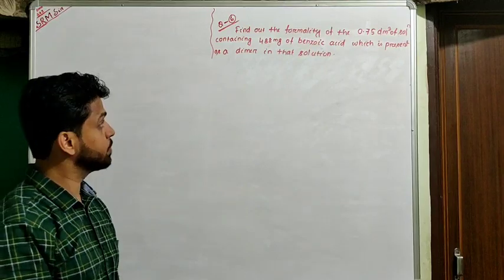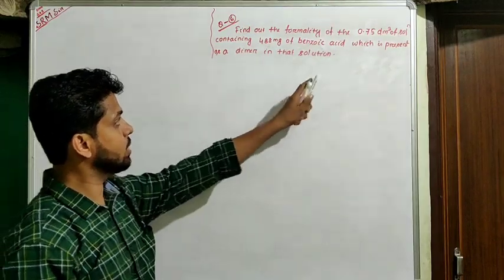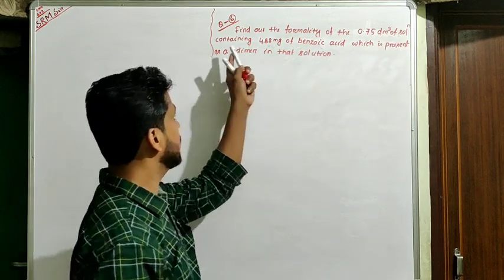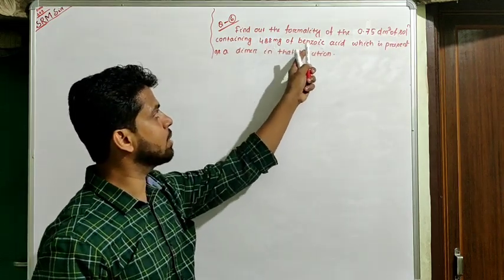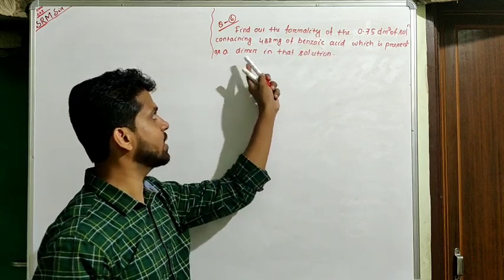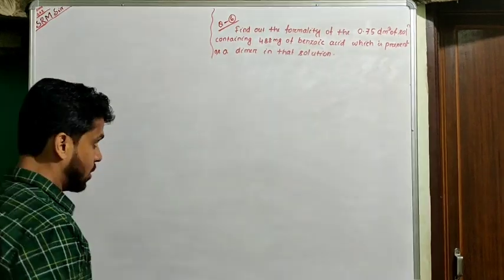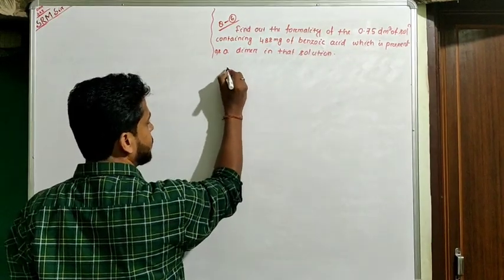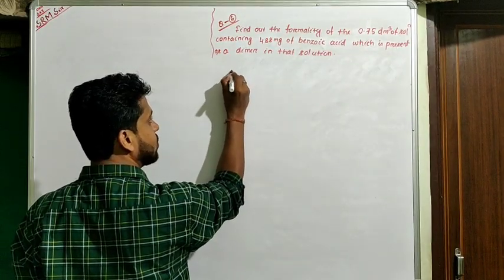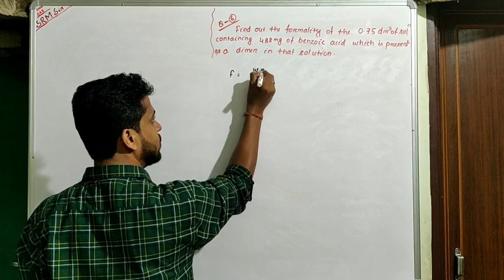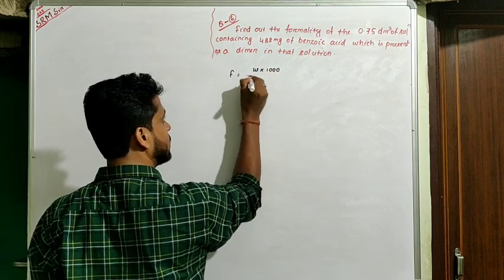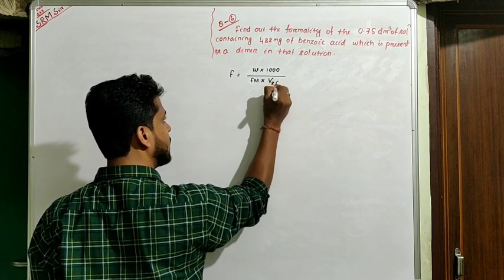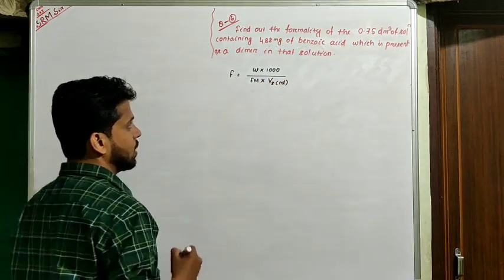Now moving on to a question: find out the formality of 0.75 dm cube of a solution containing 488 milligram of benzoic acid, which is present as a dimer in that solution. Now what is it asking? Formality is W into 1000 divided by formula mass into Vs in milliliter.